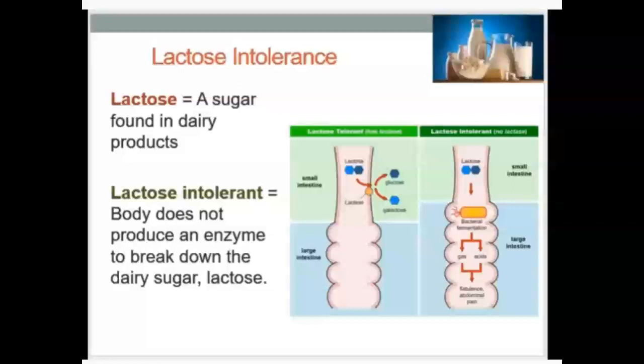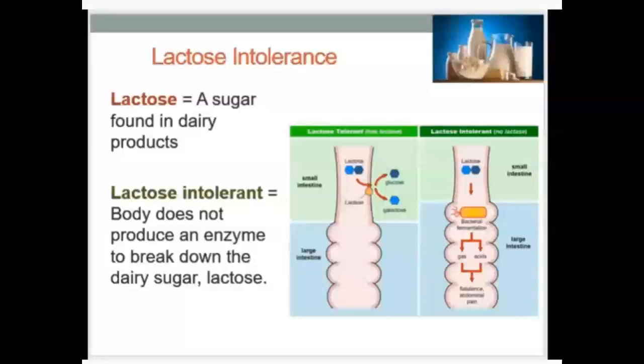As a result, the lactose sugar molecule moves through the small intestine and into the large intestine, which is where the problem begins. In your large intestines, you have a bacteria called E. coli, and they help you digest everything that you normally eat. But they don't normally digest lactose because it's taken care of earlier in the small intestines.